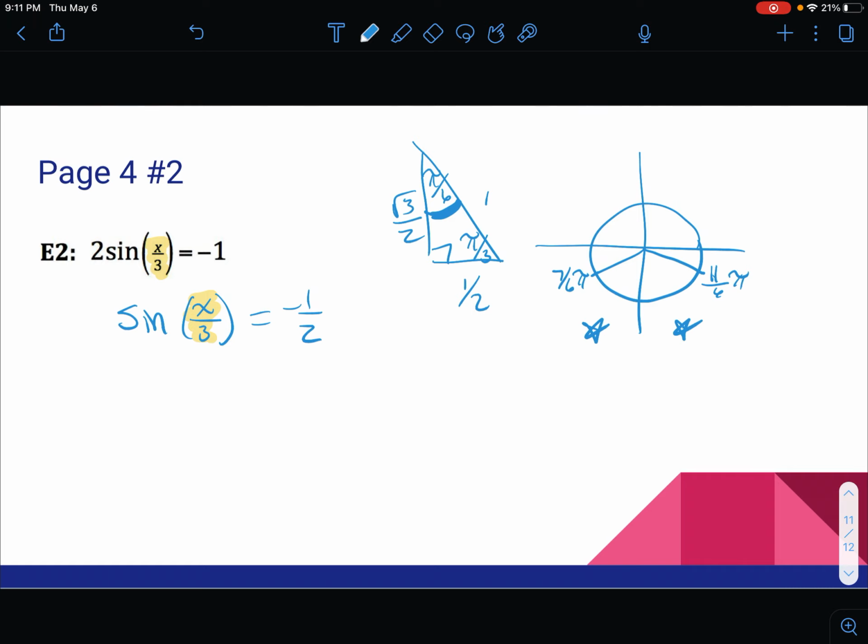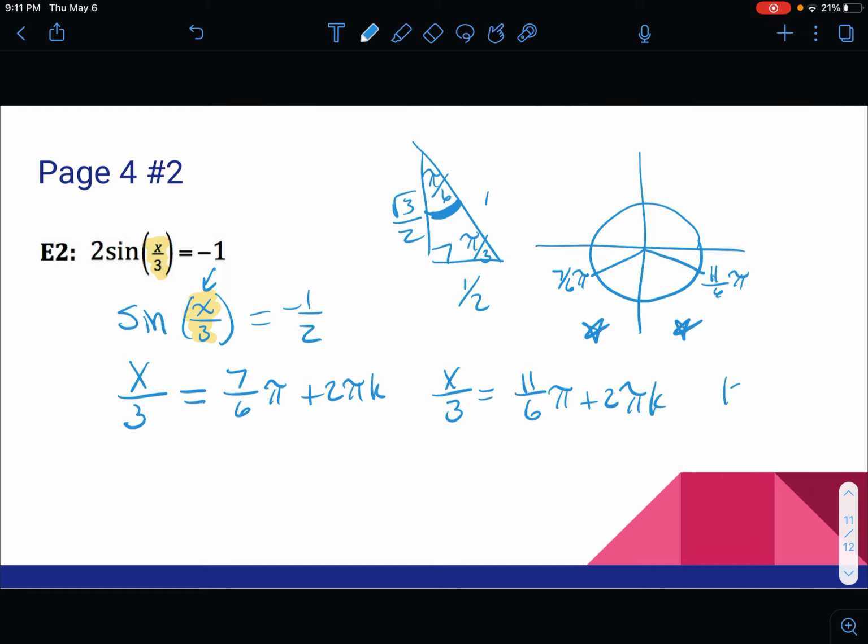So you're going to tell me this angle, whatever this is, is equivalent to 7/6 pi plus 2 pi k. And that angle is also equal to 11/6 pi plus 2 pi k, where k is an element of the integers.